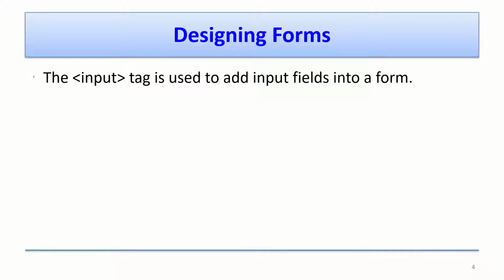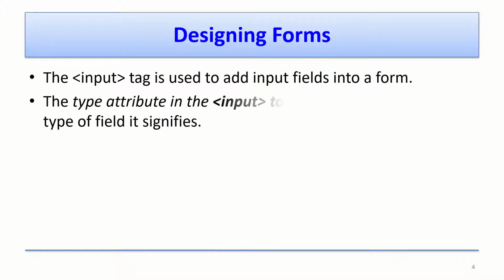Okay, and then let's see how to design a form. There's a tag called the input tag, which is used to add input fields into the form. And then the type attribute in the input tag tells the user agent what type of field it signifies.